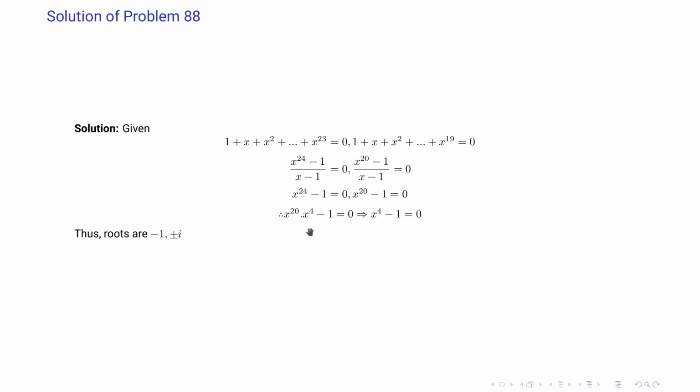And x square minus 1 would give x square is equal to 1, so that will give us plus minus 1. But x cannot be plus 1, because if x is plus 1, then this entire thing would be 24. It will not suit the expression. So x has to be minus 1. So the roots are minus 1 and plus minus i.